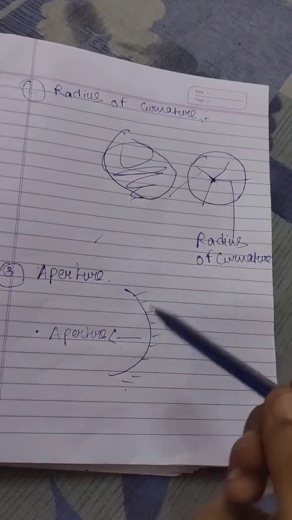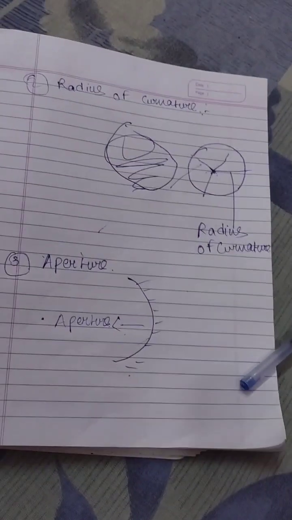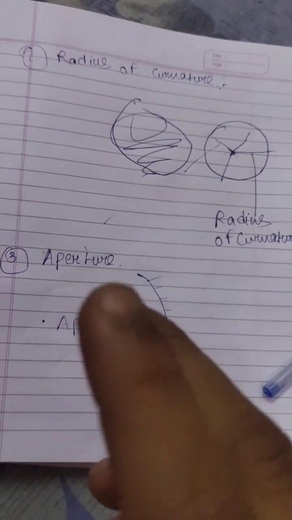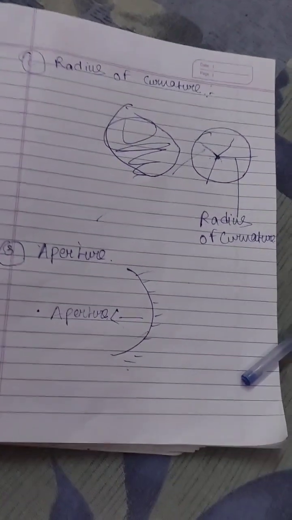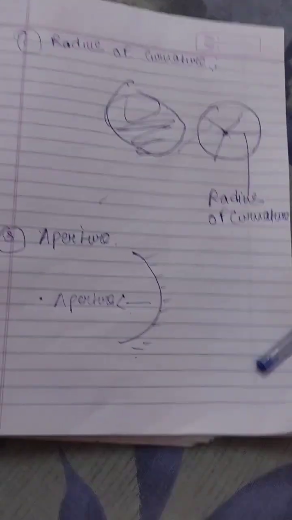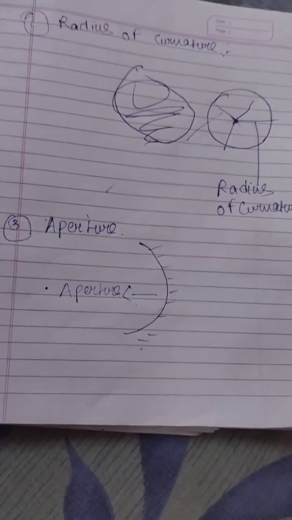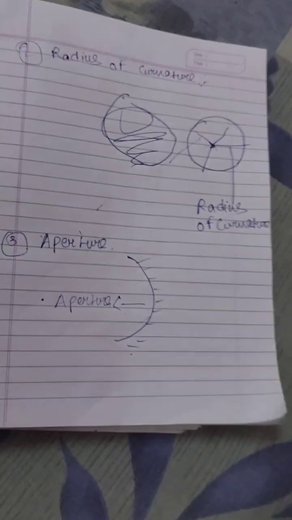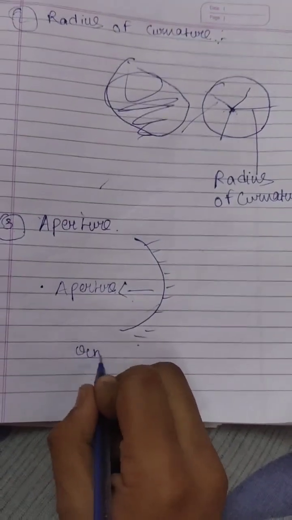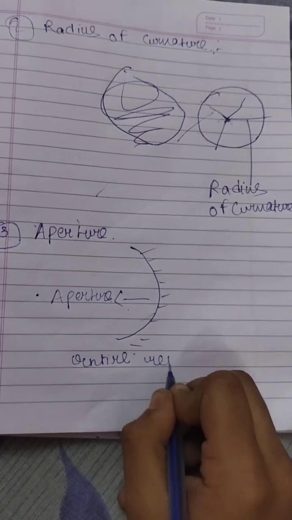We have heard this word aperture in many mobile unboxing videos, because aperture is the most important thing to sell a mobile, because aperture will determine the quality of the camera. A salesman will always tell the word aperture. So the definition of this is: the entire reflecting surface of an area in a spherical mirror.